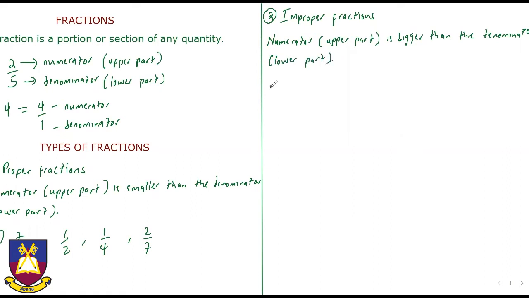For example, if you have like 8/3, this is an improper fraction because the numerator, the upper part, is bigger than the denominator, the lower part. 4/3. Any fraction where the numerator is bigger is improper. 7/4 is an improper fraction because the numerator 7 is bigger than the denominator 4.